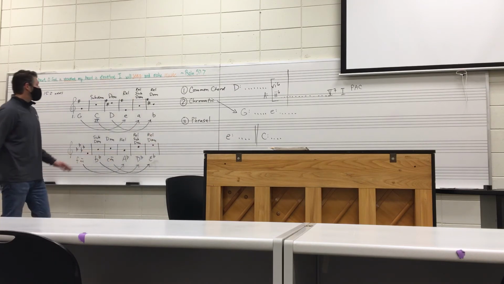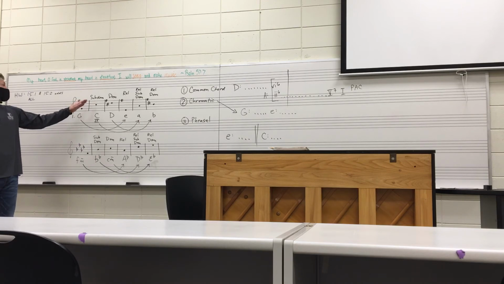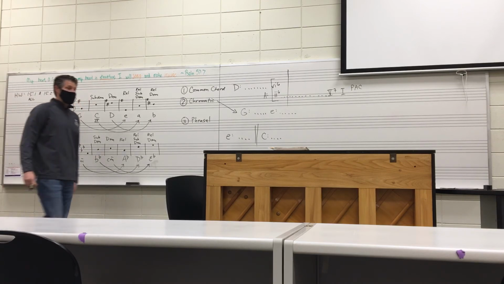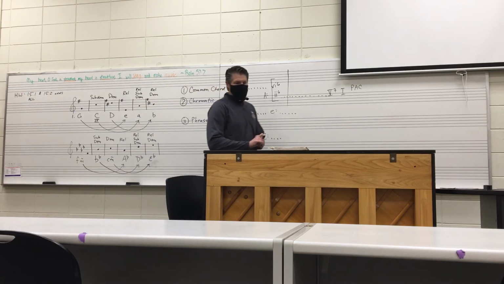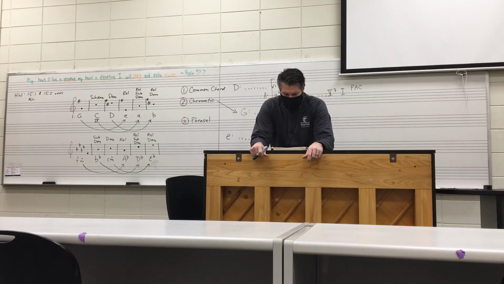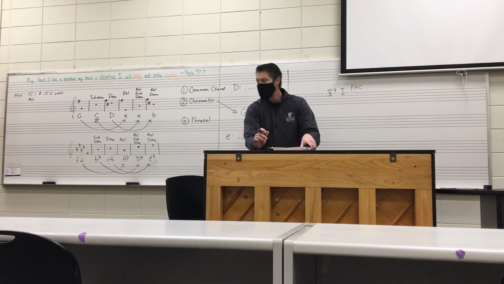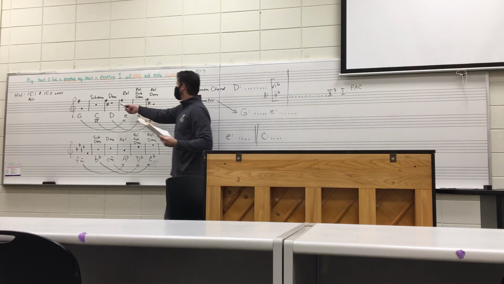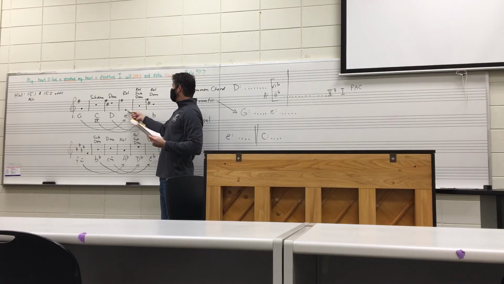So I'd like you to go ahead and write in above the categories on number 1. Write above the C, subdominant. Above the D, write dominant. Above the relative key, I'm going to write relative.